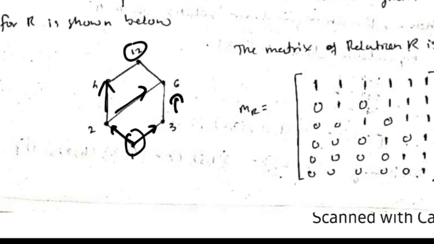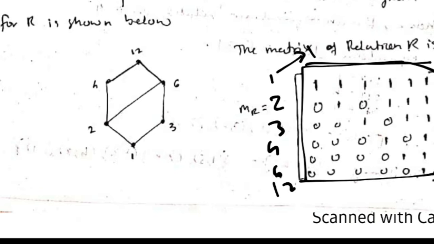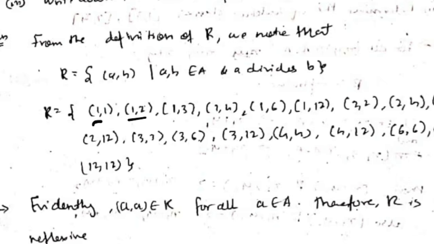For the maximum element you will write it at the top. For the matrix of the relation, you will write these elements here, 1, 2, 3, 4, 6, 12, and in the columns also you will write the same. If there is a relation between 1 and 1, you have to check the relation here: (1, 1) belongs, so 1 and 1 have a relation, then 1 and 2, 1 and 3, like that. 2 and 1 doesn't have one, right?